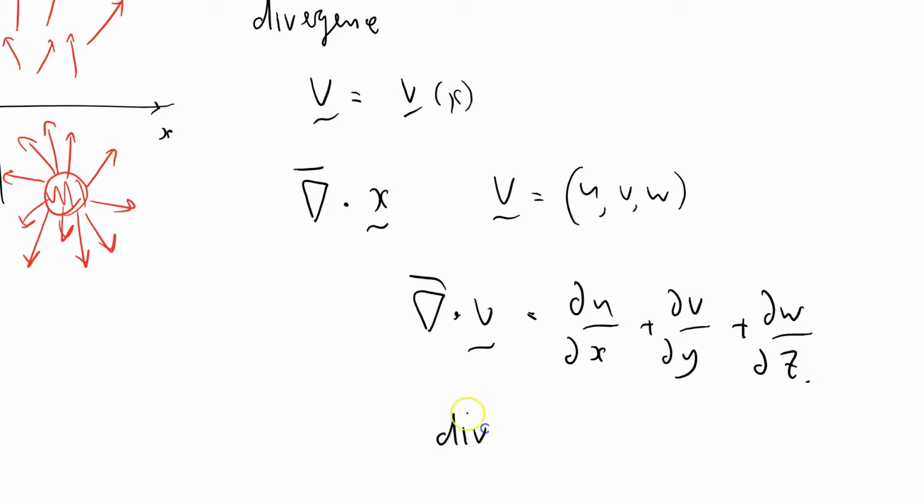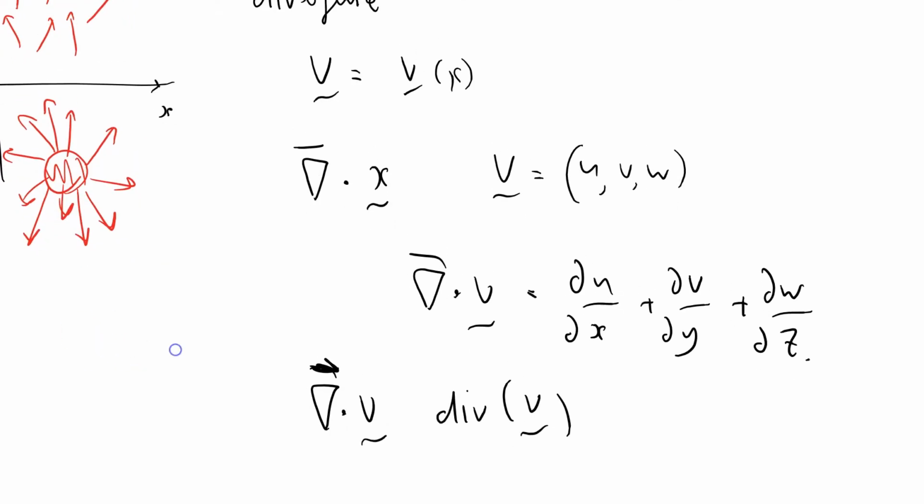Sometimes you write it as div v, but I normally write it as a vector product like that. I put a little line over my nabla symbol just to remind me that it's not a vector, it's a vector operator. We'll see other examples of this later on.